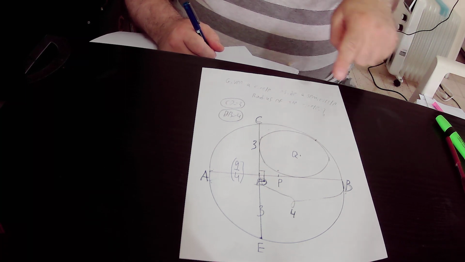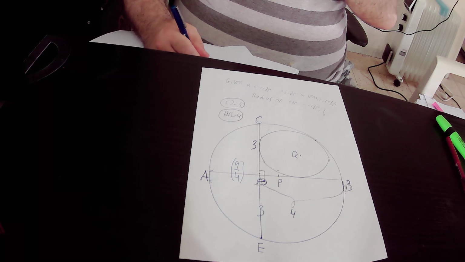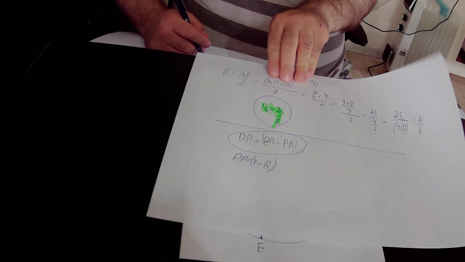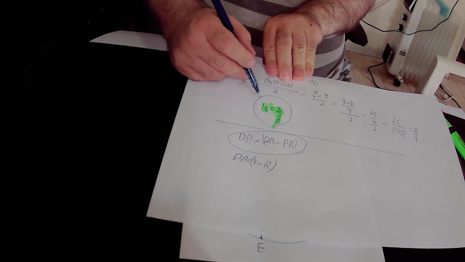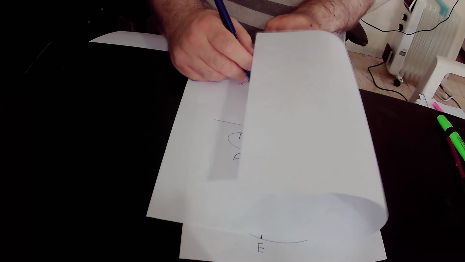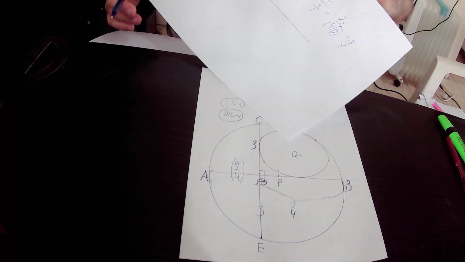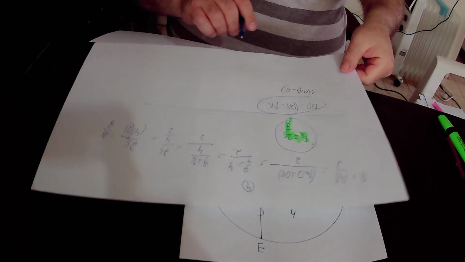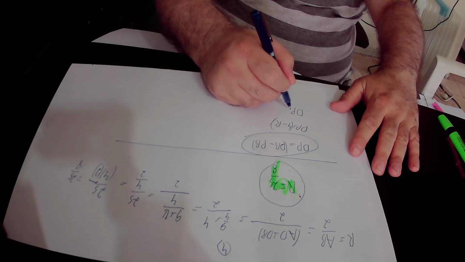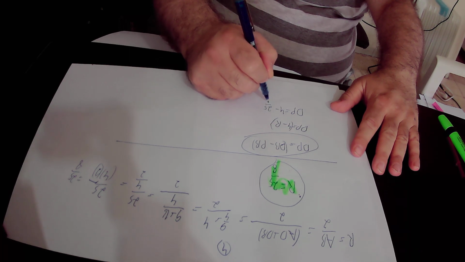That is to say, PB equals the radius of the big circle, that is, capital R. So in conclusion, DP equals 4 minus capital R, but we have already found out that capital R equals 25 over 8, so we will substitute capital R by 25 over 8. So DP equals 4 minus 25 over 8.